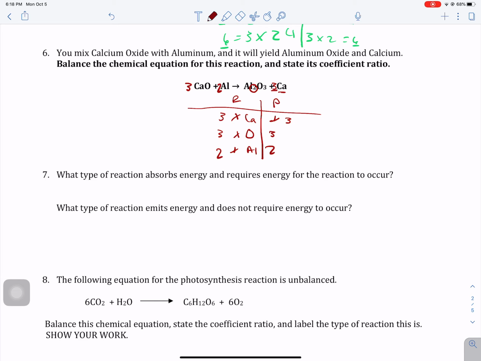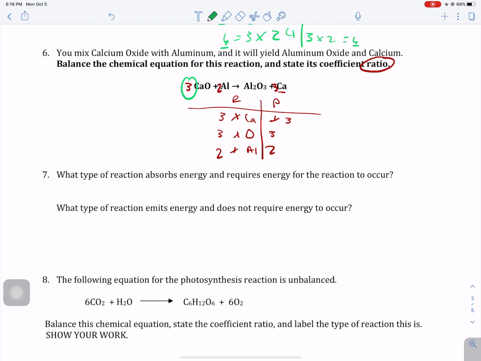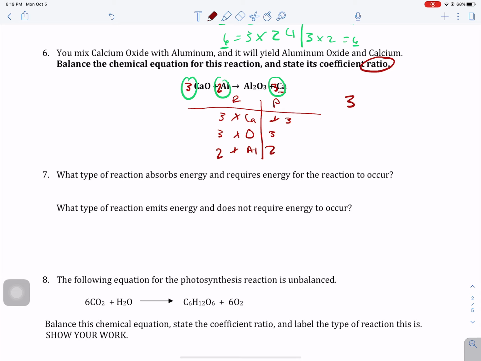Okay, so your coefficients are 3, 2, and 3. And then we have to do the ratio. So we always look at the coefficients. So we have 3.